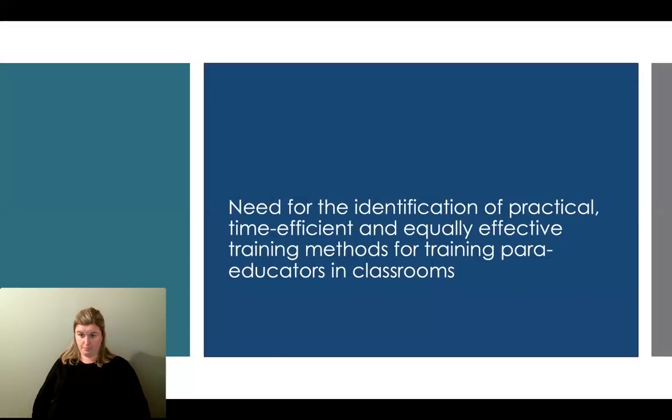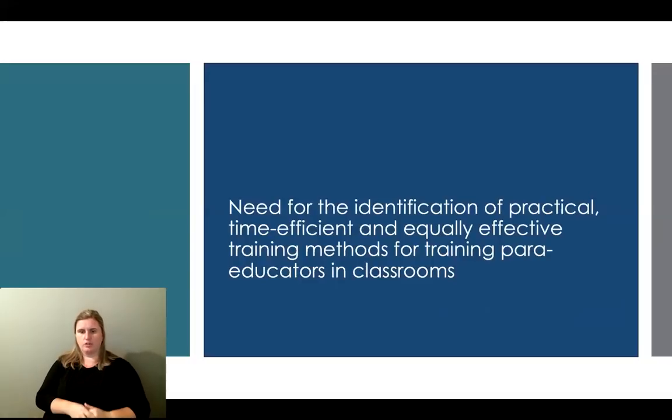So the need for the identification of practical, time-efficient, and equally effective training methods for training paraeducators in classrooms is something that those of us in positions of training need to constantly evaluate. And of course, any teacher in a classroom would not tell me that their classroom dynamics are perfect, where these kinds of comprehensive multi-component training strategies can be implemented with the level of consistency needed to establish and maintain the specific target behaviors.